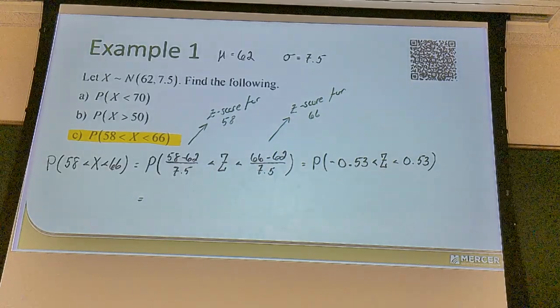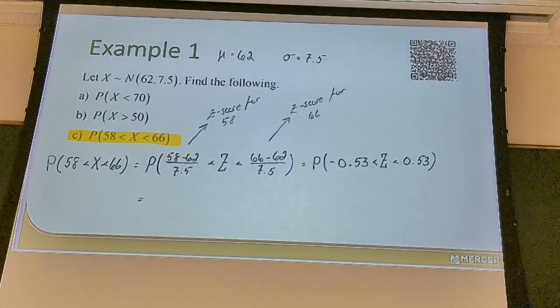So you, because it's symmetrical, right? And you're able to. Can't subtract. You are subtracting.